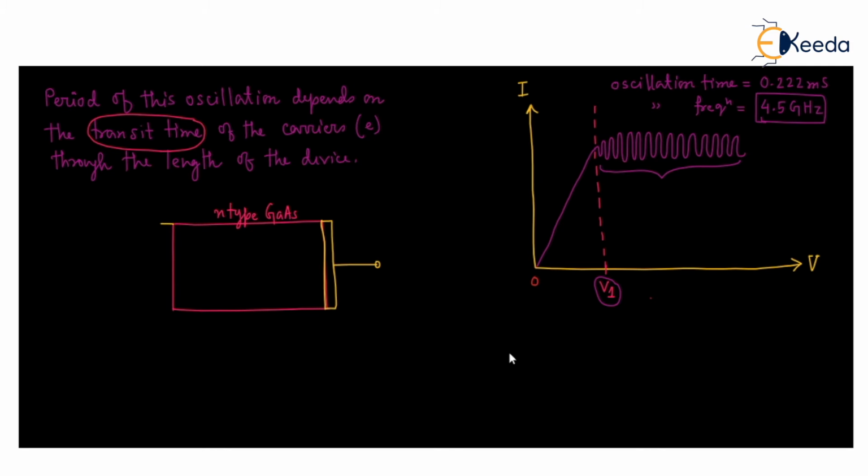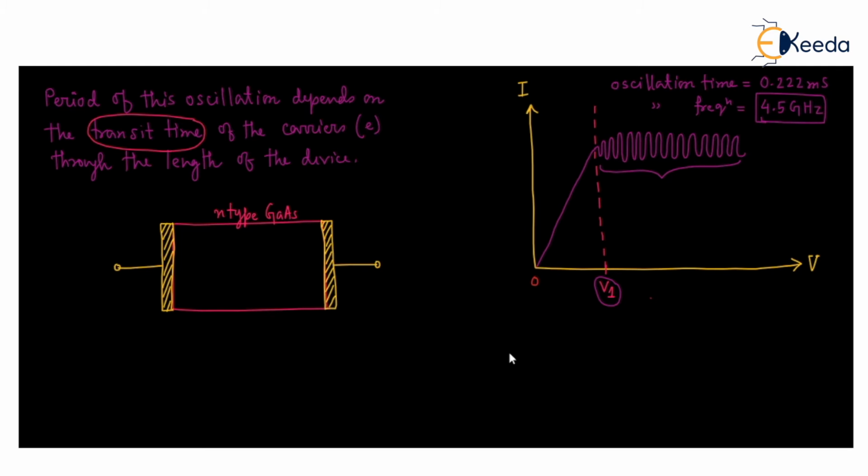Similarly, here will be a metal contact with the n-type gallium arsenide. These two will provide the metal connection. So this yellow color is the metal.